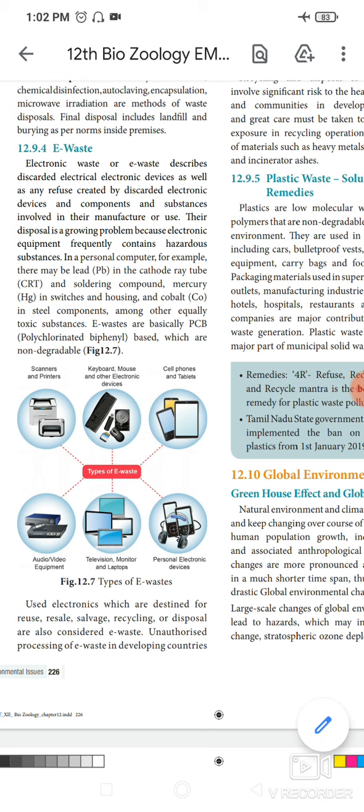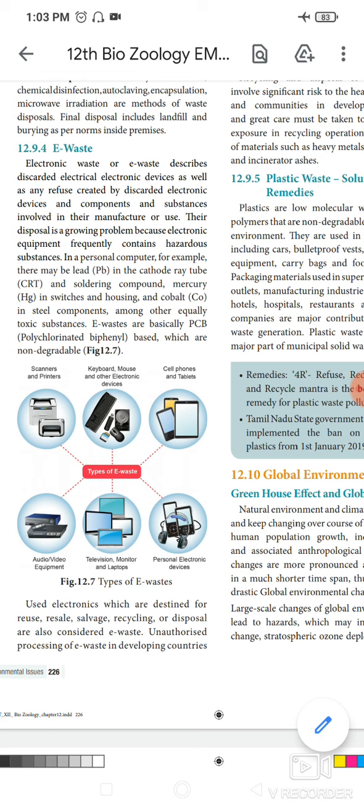In a personal computer, for example, there may be lead in the computer, that is the personal computer and laptop. It contains lead in the cathode ray tube and soldering compound, mercury in switches and housing, and cobalt in steel components, among other equally toxic substances. These substances are toxic to our human environment.